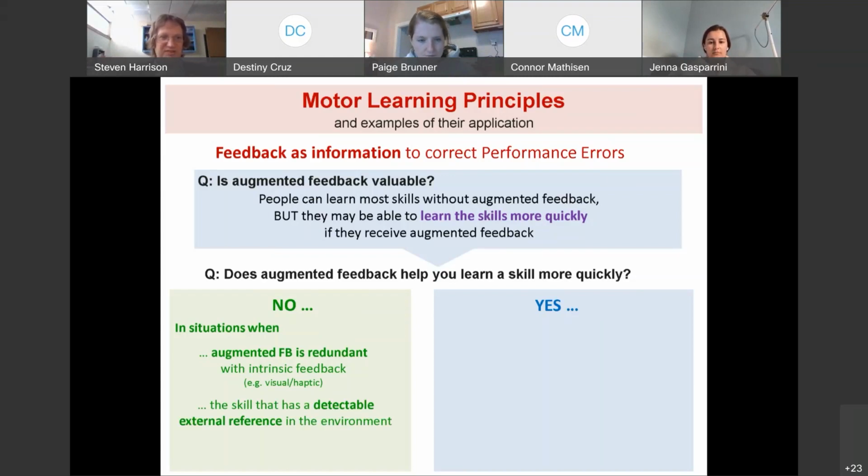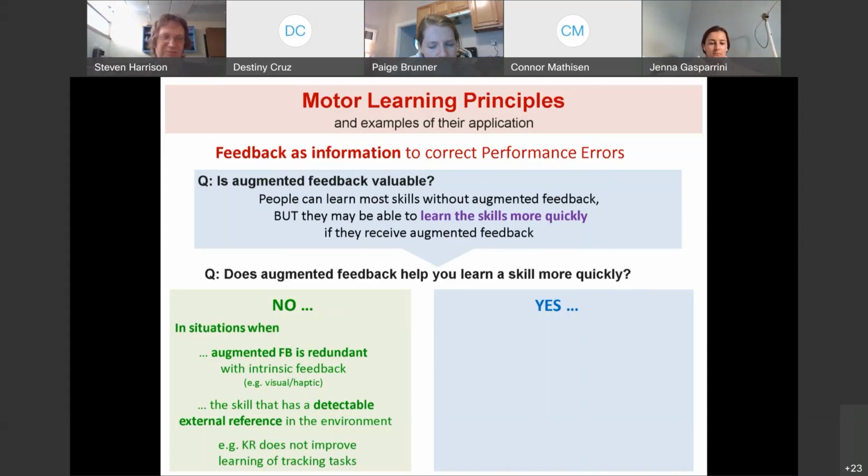It's also going to be less useful if the skill that you're focusing on has a detectable external reference in the environment. One of the areas that this has been shown in is the context of tracking tasks, where you're performing a targeting task, trying to track a particular movement with your own movements.